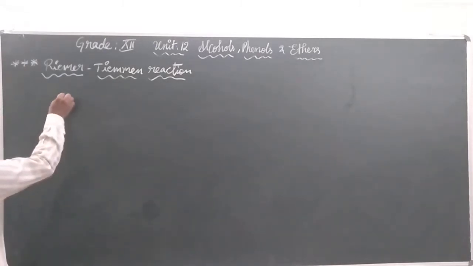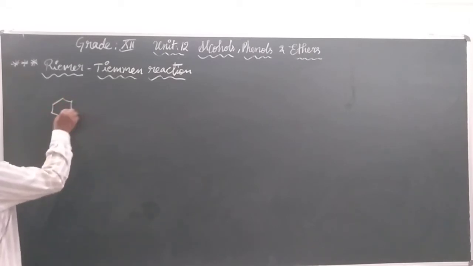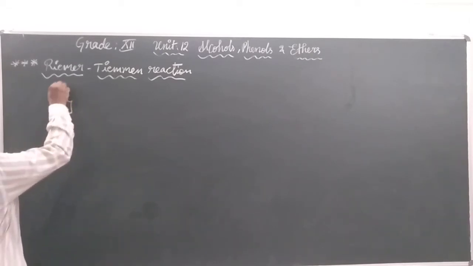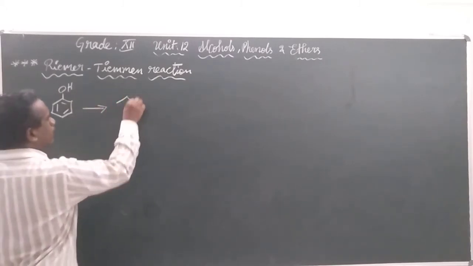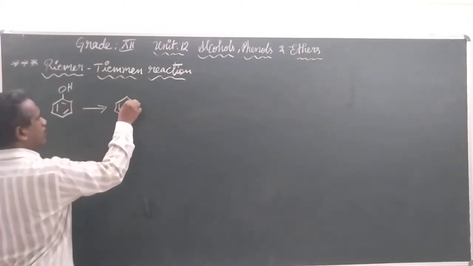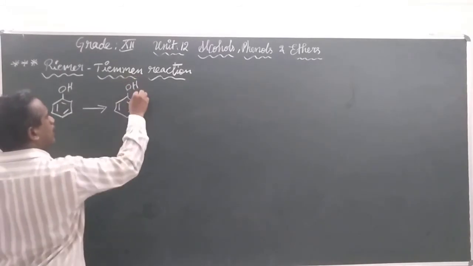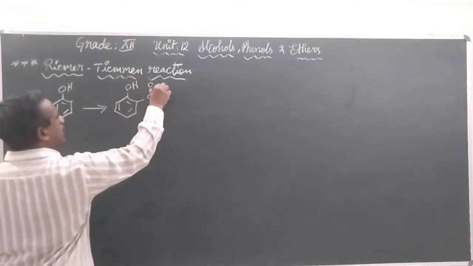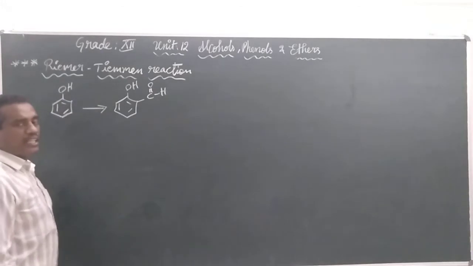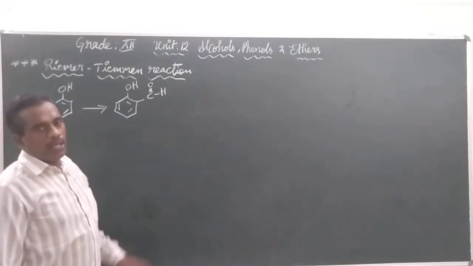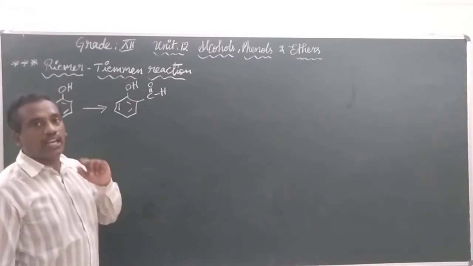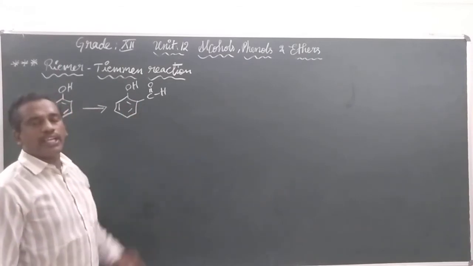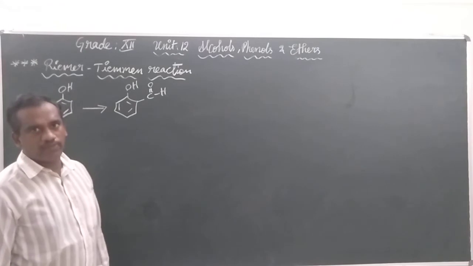It says that phenol is going to be converted into a compound with C double bonded OH. Previously we had discussed there is one more oxygen, a carboxylic group, but there is only an aldehydic group here.